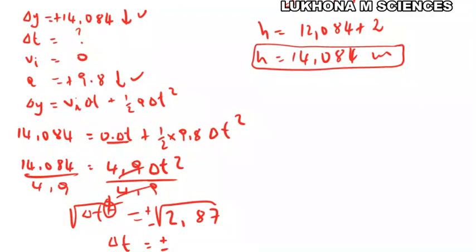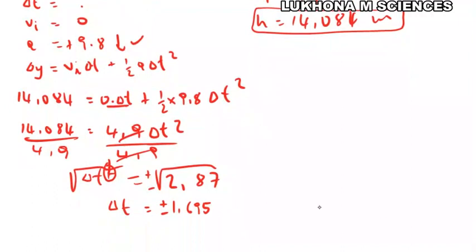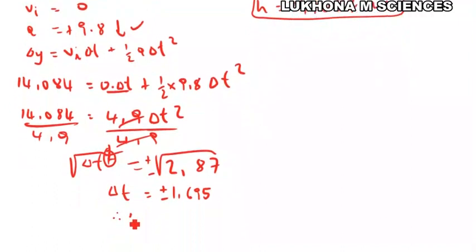Press calculator. Then we get 1,695. Since the time is always positive, therefore delta t is positive, 1,695 seconds. Then we're done. That is the time.